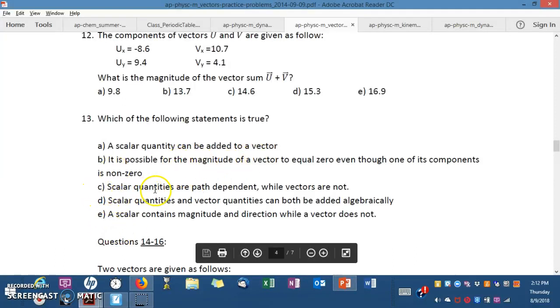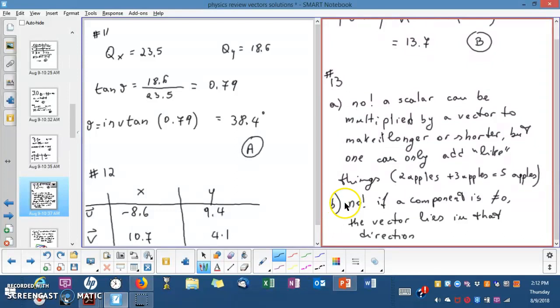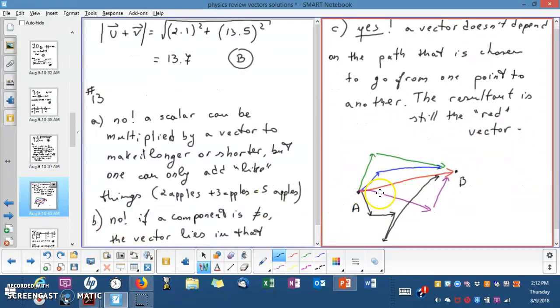And then C, scalar quantities are path dependent while vectors are not. And this is actually true, because if you remember, when you have a starting point and an ending point, you can follow different paths, but the resultant of those paths is still the vector AB.